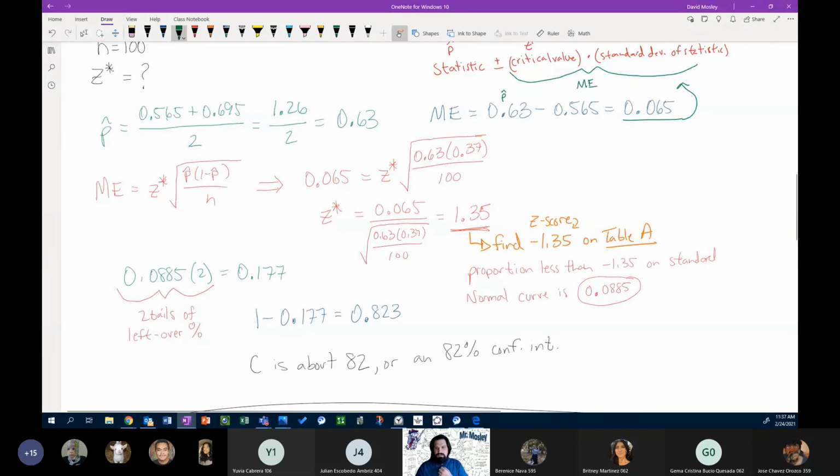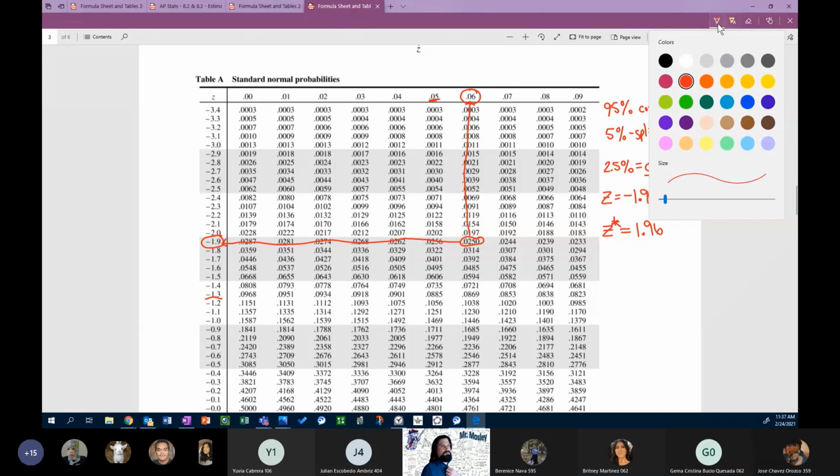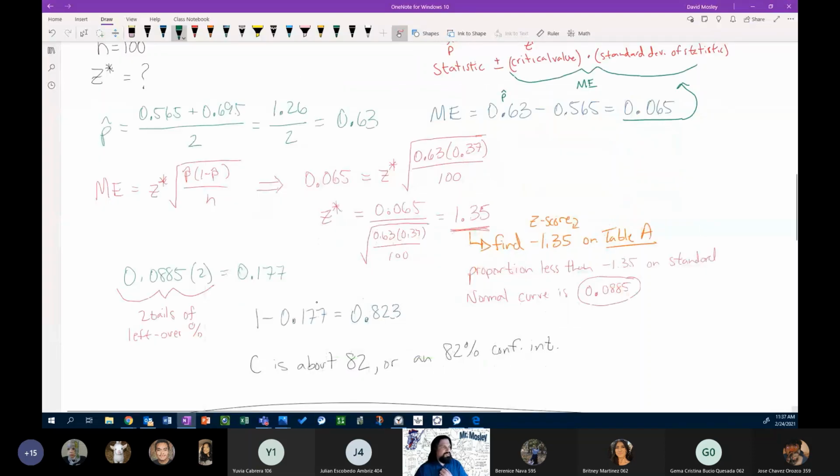Negative 1.35. We follow this down and follow over to 0.0885.